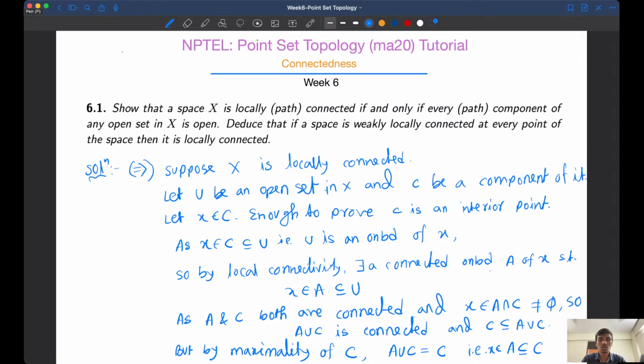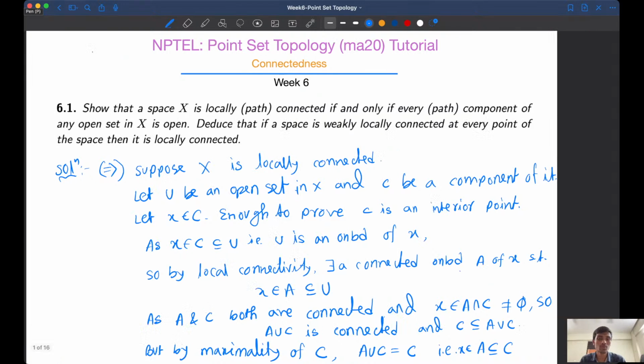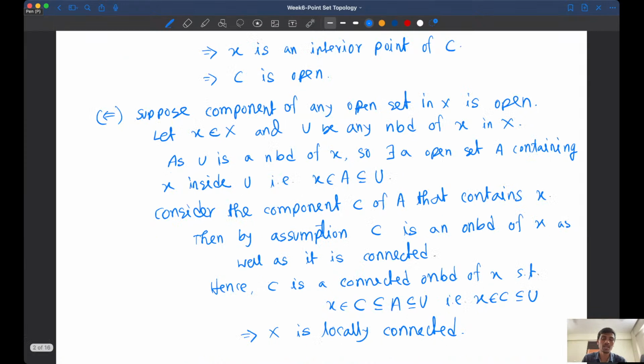Here I am showing only that weakly locally connected implies locally connected, but locally connected already implies weakly locally connected, because an open neighborhood is also a neighborhood. So that direction is trivially true. Here I am saying that the opposite is also true. Instead of taking an open neighborhood, you can also take just any connected neighborhood.